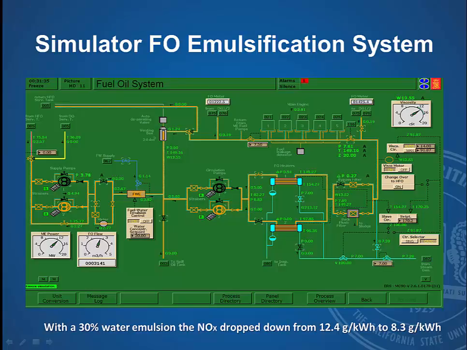In this case, I've used it on the simulator with about 30% water emulsion, and the NOx dropped from 12.4 grams per kilowatt hour to 8.3 grams per kilowatt hour. So on the simulator, let's say we're going into Valdez and we're maneuvering at low loads, you could use this to reduce your NOx emissions.